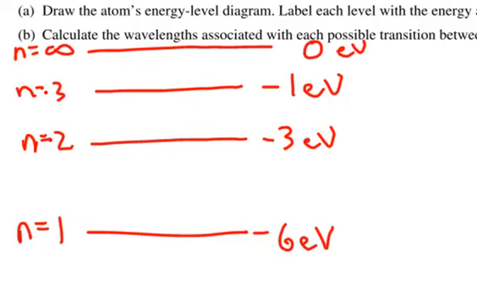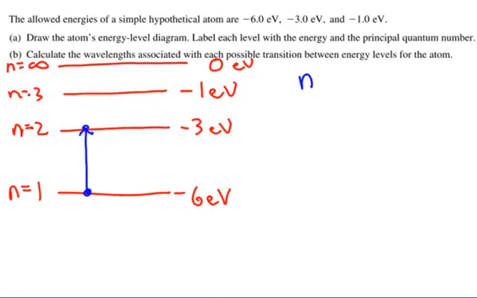Okay? And B says calculate the wavelengths associated with the possible energy transitions. I can make a transition from here to here. That's from n equals 1 to n equals 2. If you can see, what is the energy from n equals 1 to n equals 2? That took 3 electron volts to jump up there.